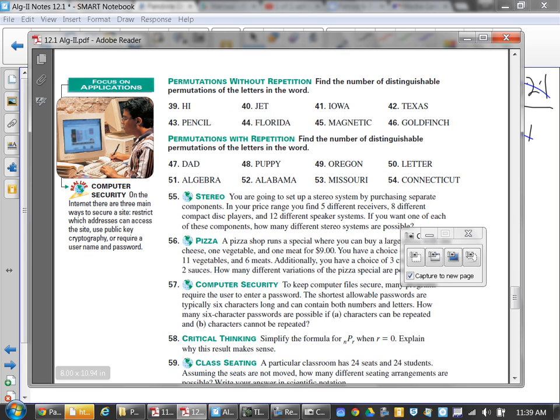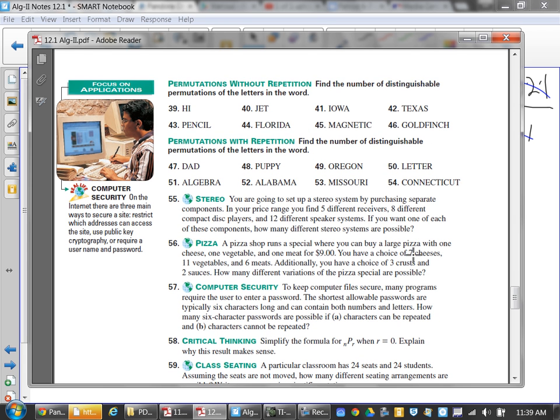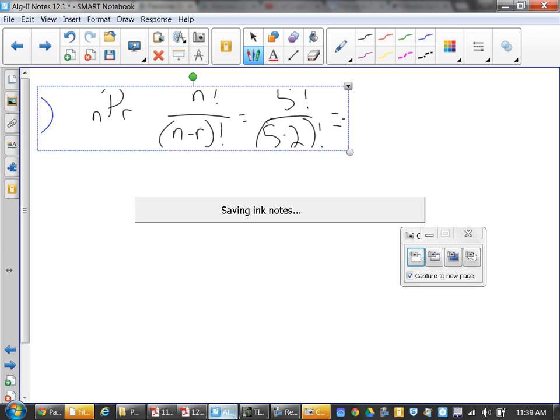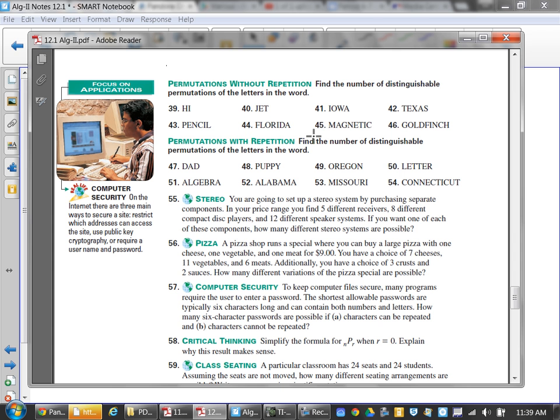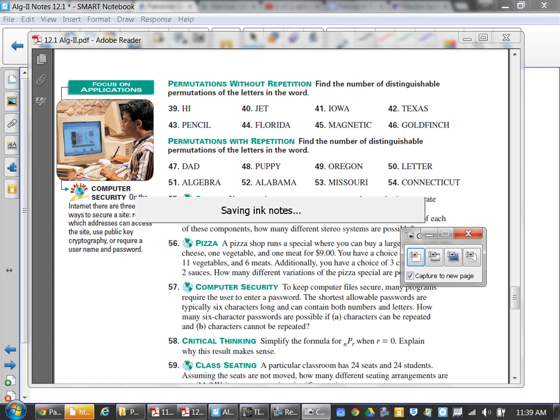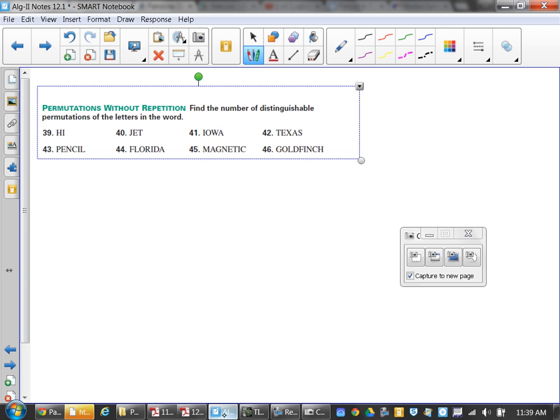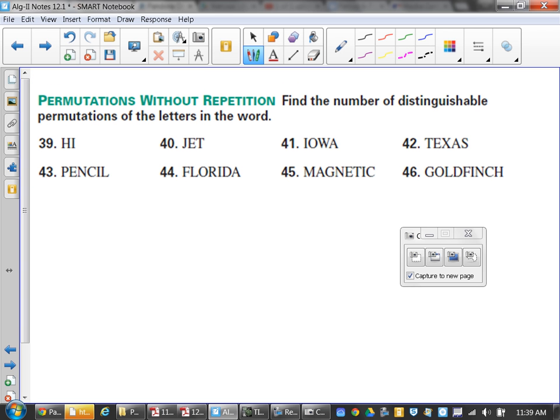When you get into the next ones, we have to worry about distinguishable permutations in the word. These are permutations without repetition.